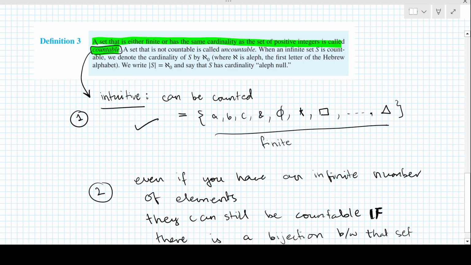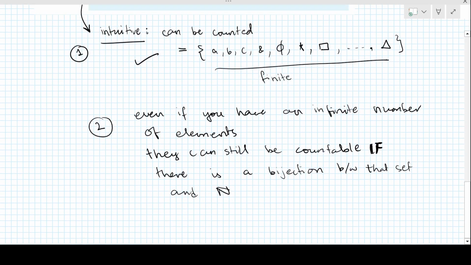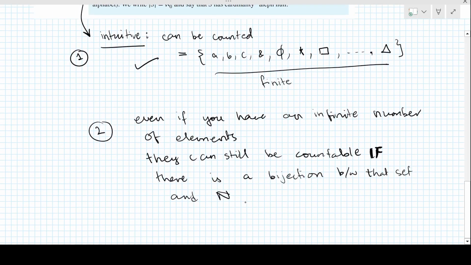So let's read this sentence again. A set that is either finite, so this was the first condition, that checks out, or has the same cardinality as the set of positive integers is called countable, right? Natural numbers, sometimes people include the number 0 in it. Some authors include the number 0 in this set, some authors don't.